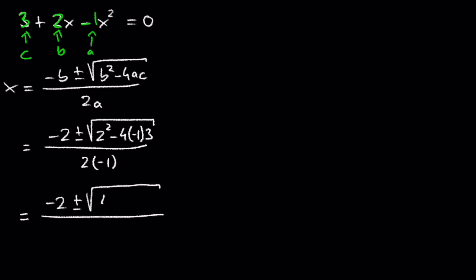Two squared is 4. Negative 4 times negative 1 is 4 times 3 is 12. 2 times negative 1 is negative 2. 4 plus 12 is 16, and the square root of 16 is 4.